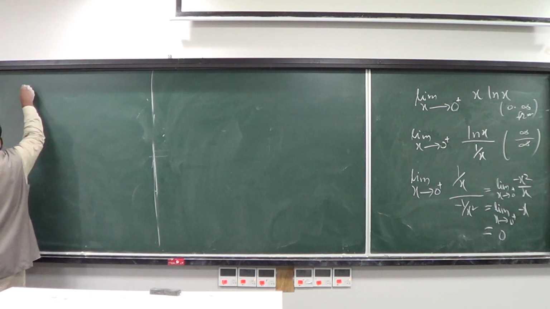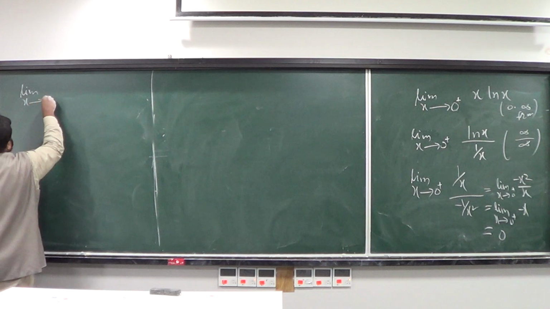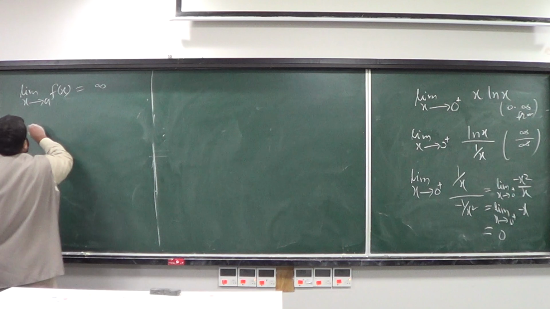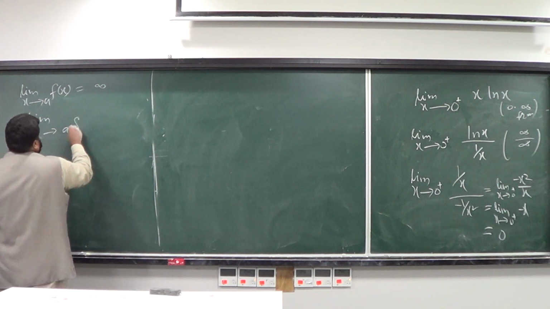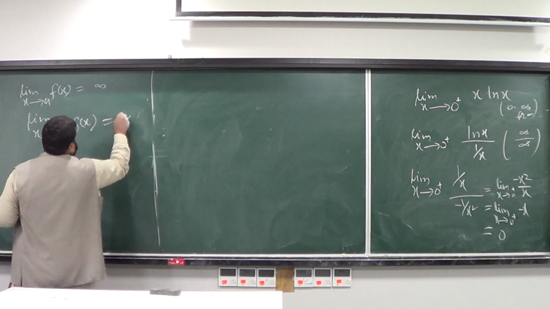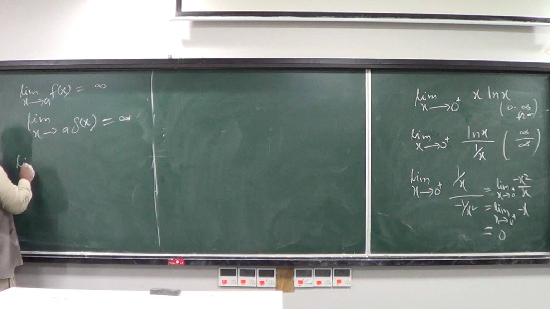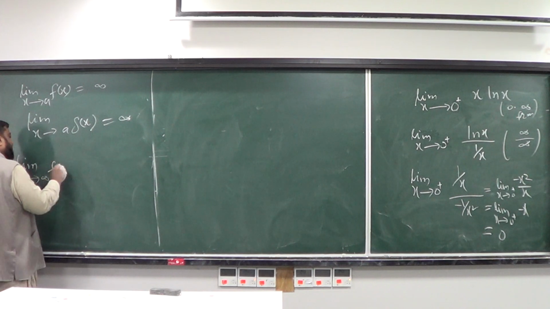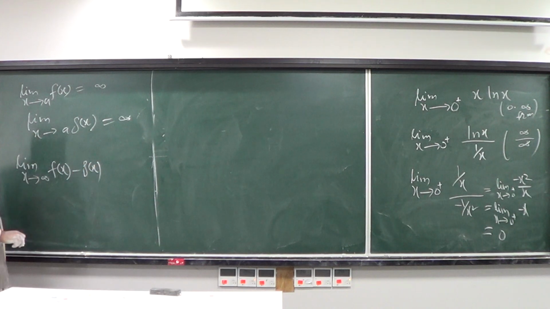Now imagine you have a situation where limit x goes to a of f of x is infinity, and limit x goes to a of g of x is infinity too. And I want to compute limit x goes to a of f of x minus g of x, or plus g of x, doesn't matter.